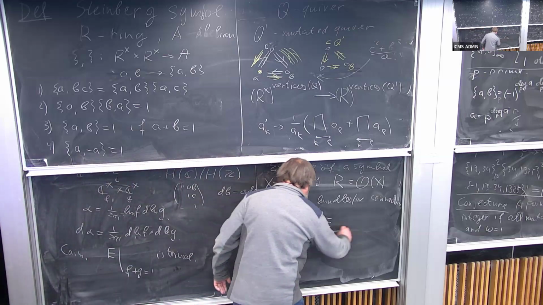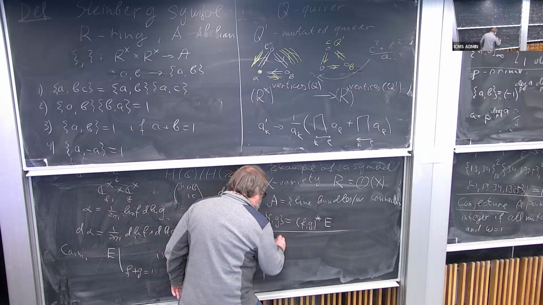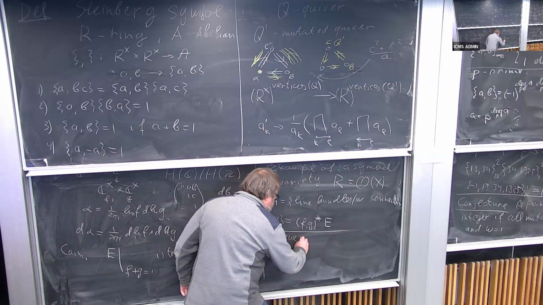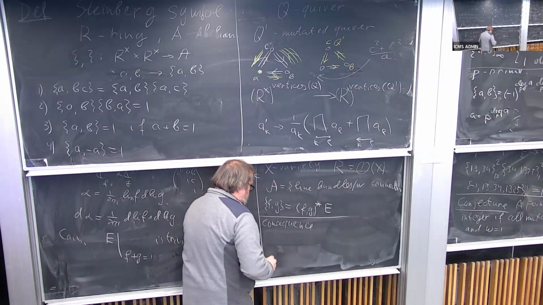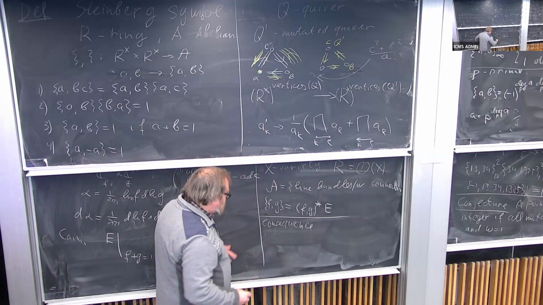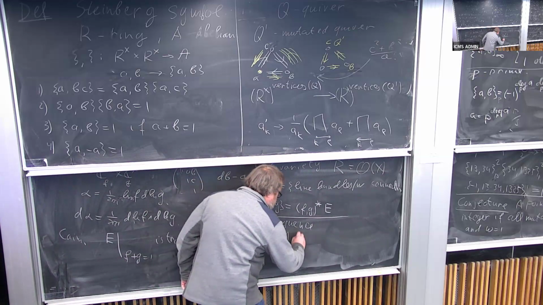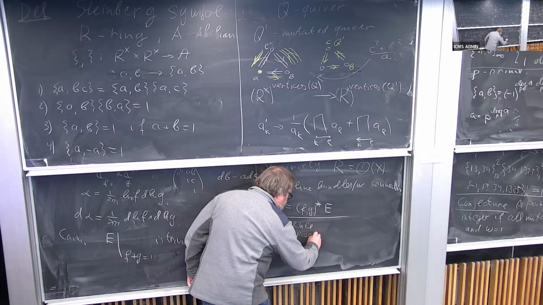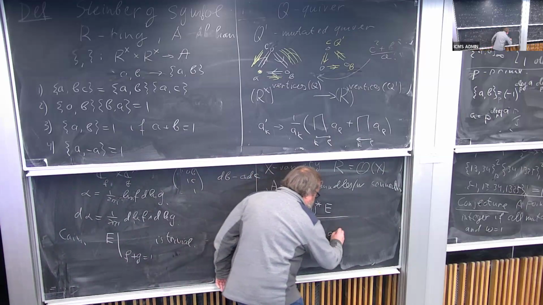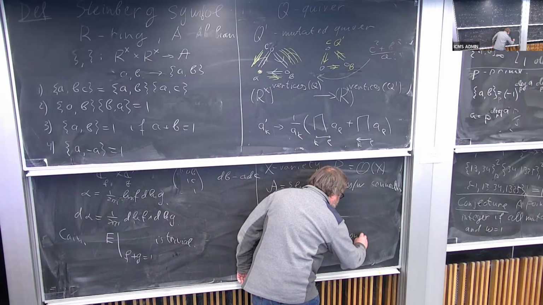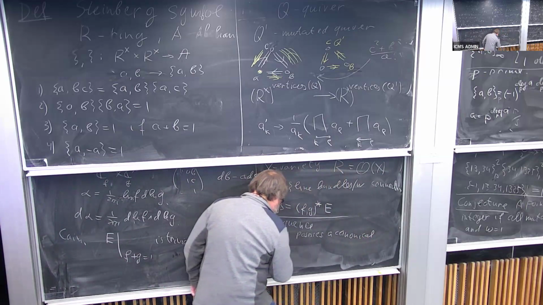Consequence: for example, the Teichmüller space T of sigma possesses a canonical line bundle with connection.